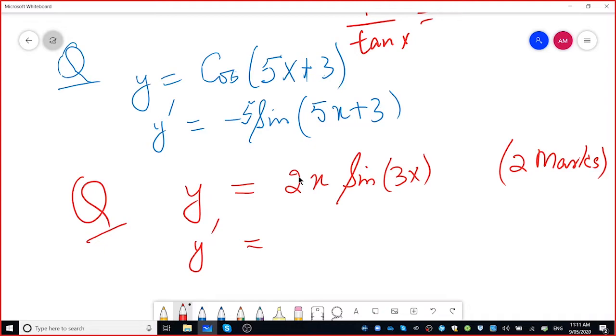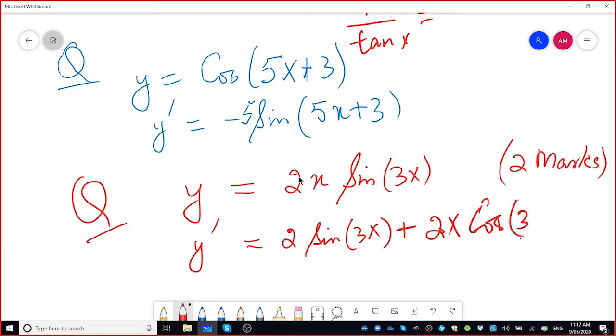So we first differentiate with respect to x. So it will become 2 sine 3x. And then plus, we now differentiate the other. So it would be 2x times, and sine 3x would become cos 3x times 3.